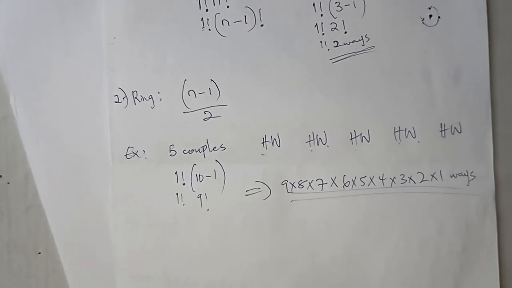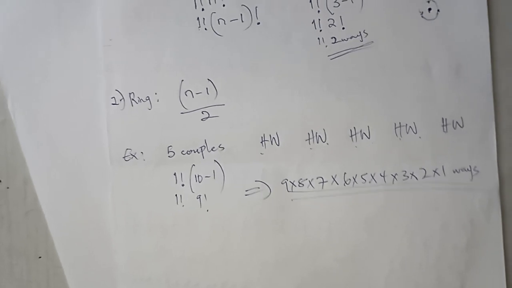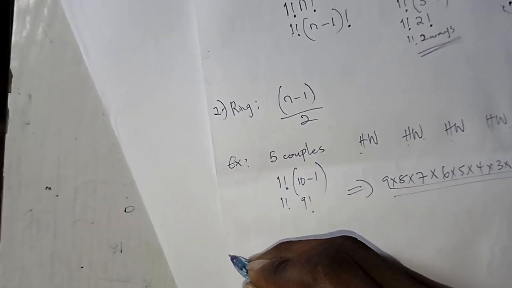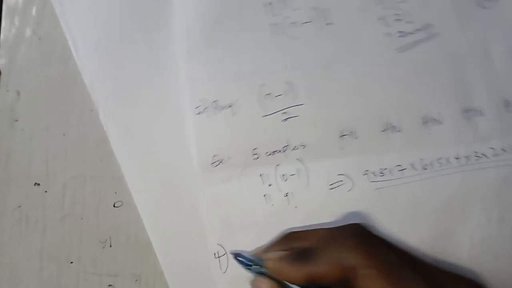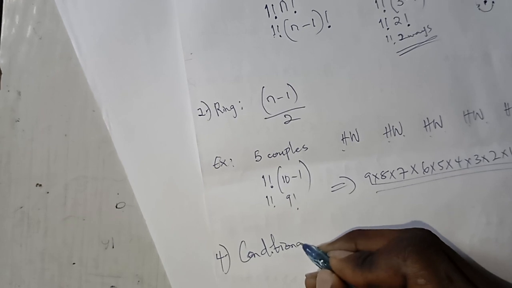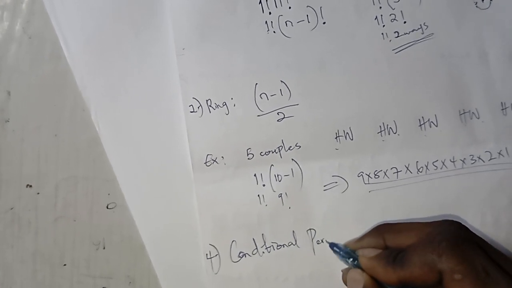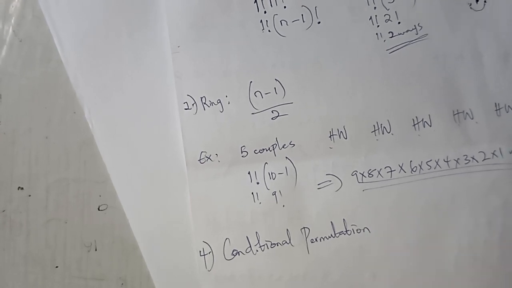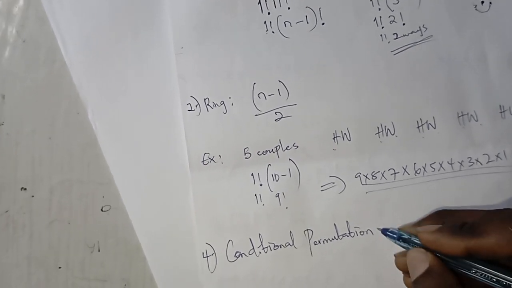So let's move to the next type of permutation, and that one is what we call conditional permutation. So number 4, conditional permutation.